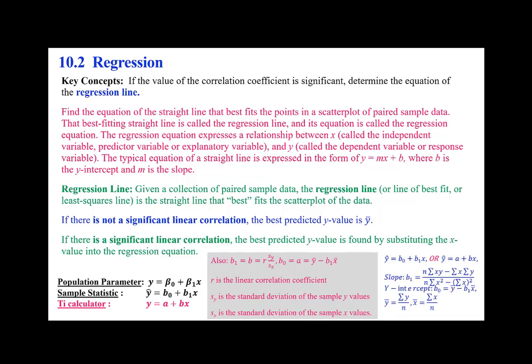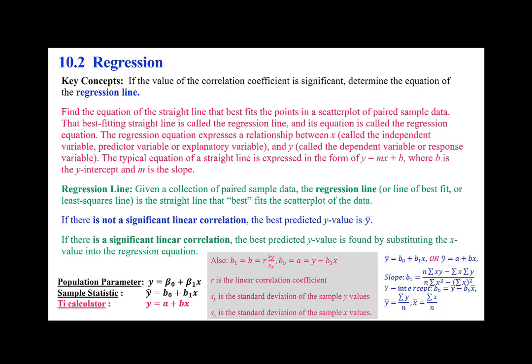So with that being the case, there's a formula here. The formula is involved, and as you can see, some of it is close to the formula for R, which means if we do the formula of R by hand, we have every component to calculate the regression equation.